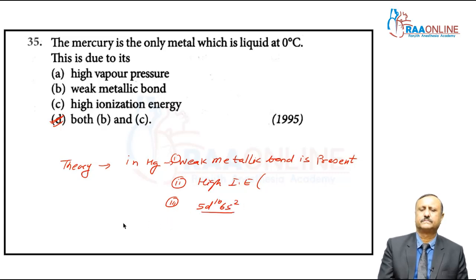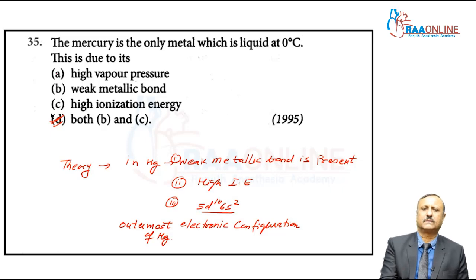This is the outermost electronic configuration of mercury. So, my dear students, the answer is option D.